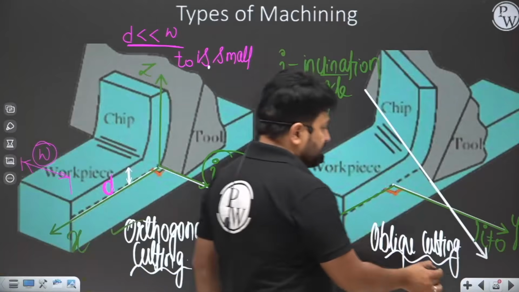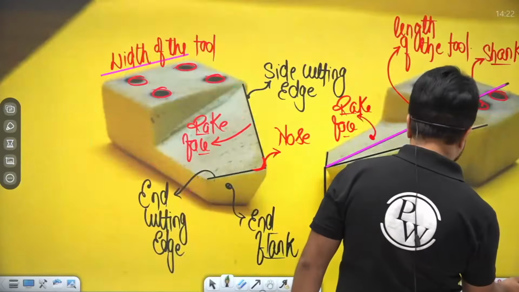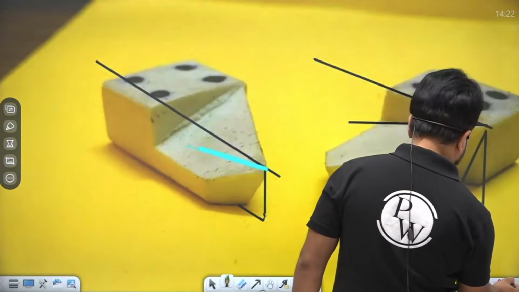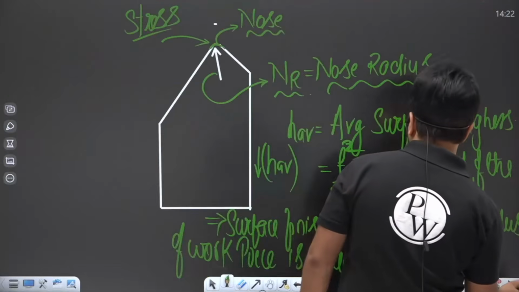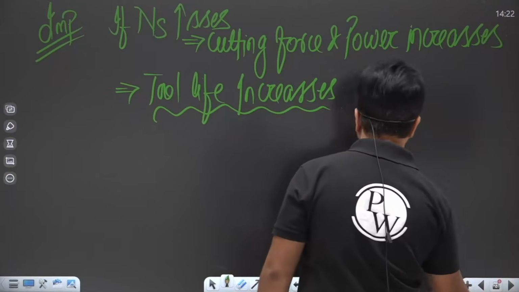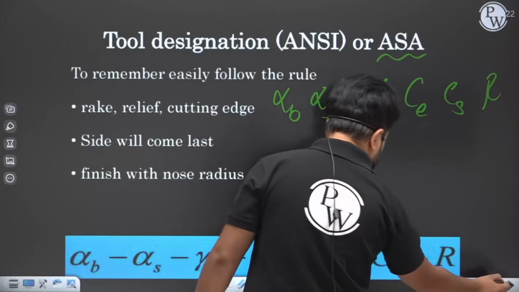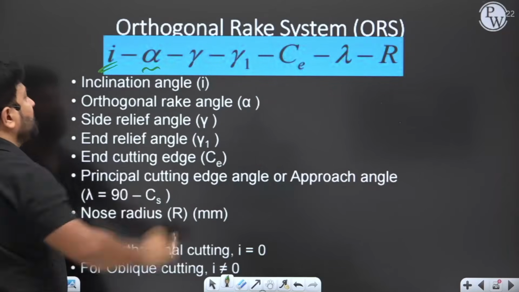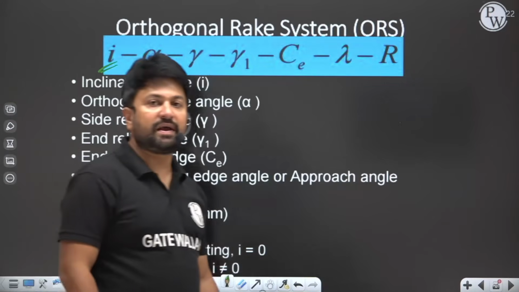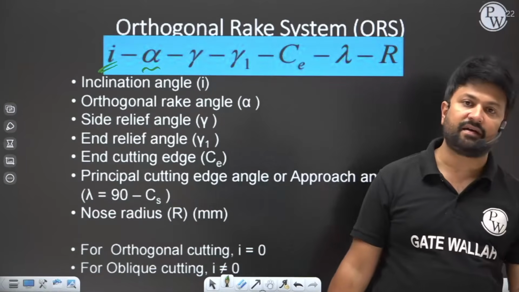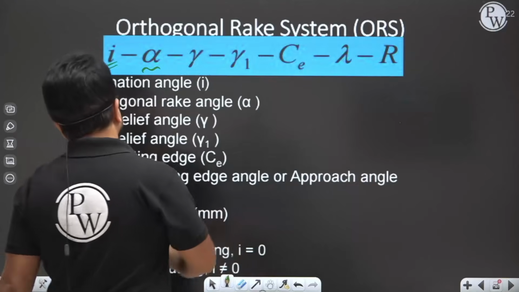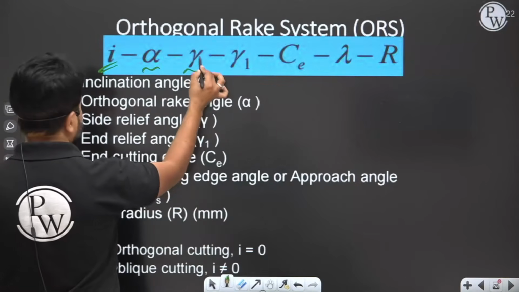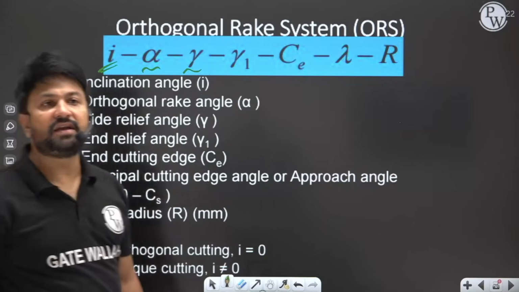So you have to always remember that I is the inclination angle in an orthogonal rake system. Alpha is the orthogonal rake angle. It is the overall angle of back rake angle and side rake angle. At the third place, it is the side relief angle.